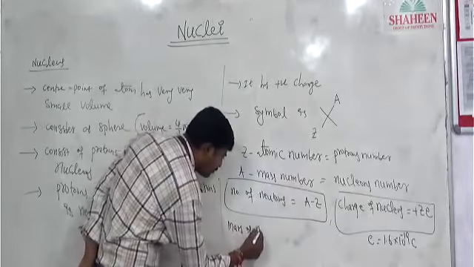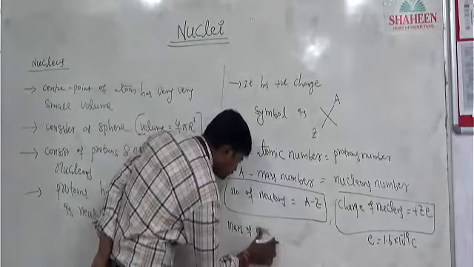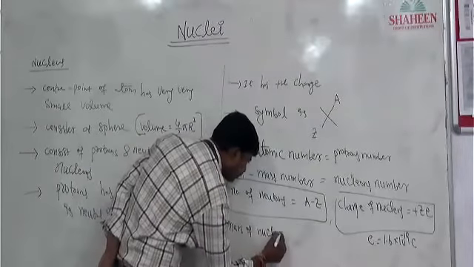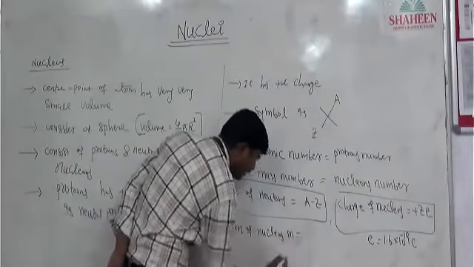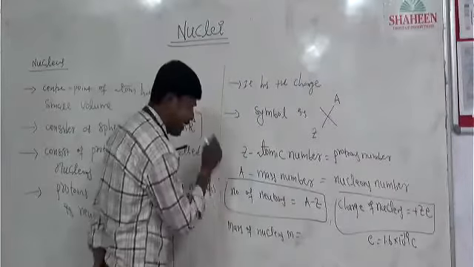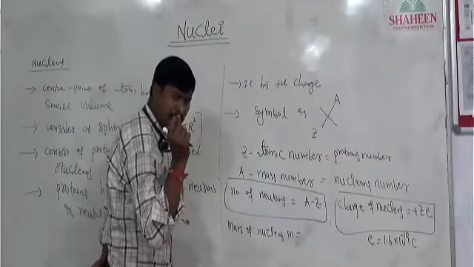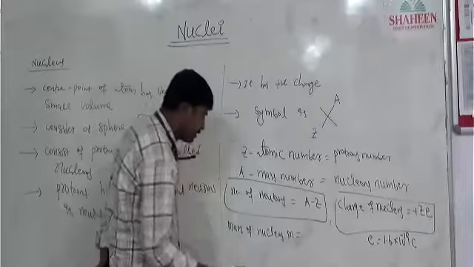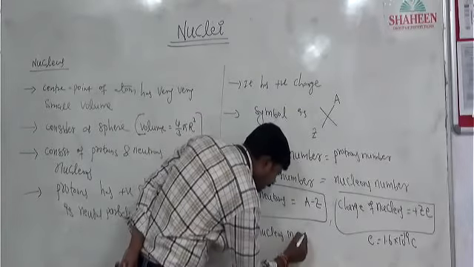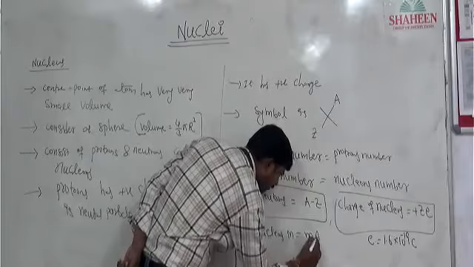Mass of nucleus, M. This can be written as: how many nucleons are there? A. Each nucleon mass, let us say small m. So I can write m into A.